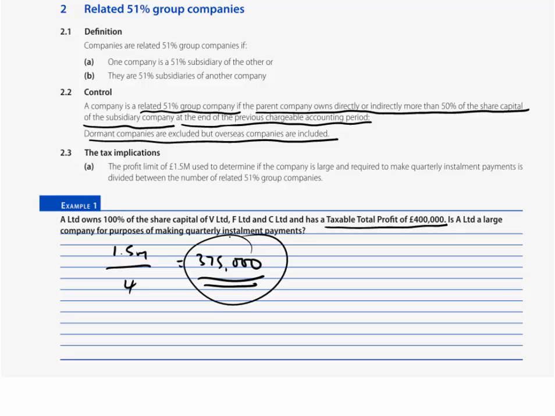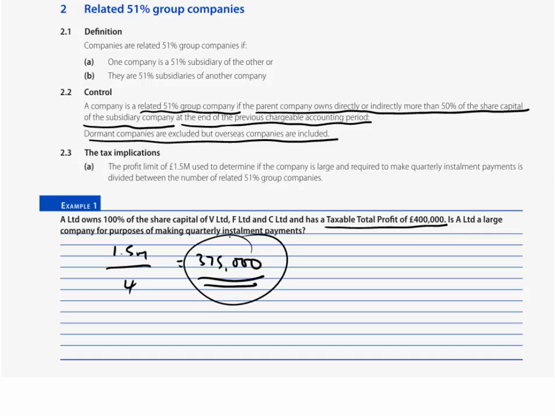If we were not large in the previous accounting period, then we will not be required to make quarterly instalment payments for this accounting period. If, of course, we were large in the previous period and are now estimated to be large for this period, then quarterly instalment payments would indeed be required. If, as I said, we were not large, our profits did not exceed 375,000 in the previous period, then this is the first period in which it has arisen.